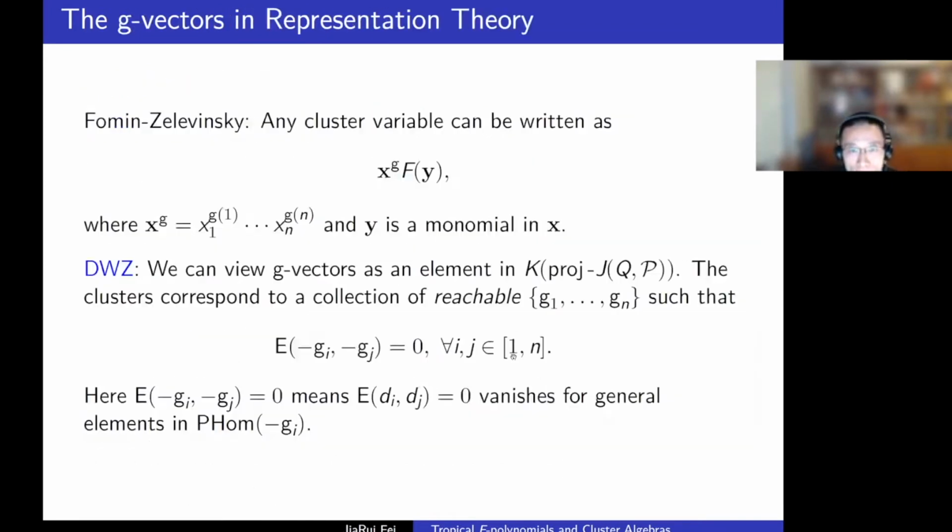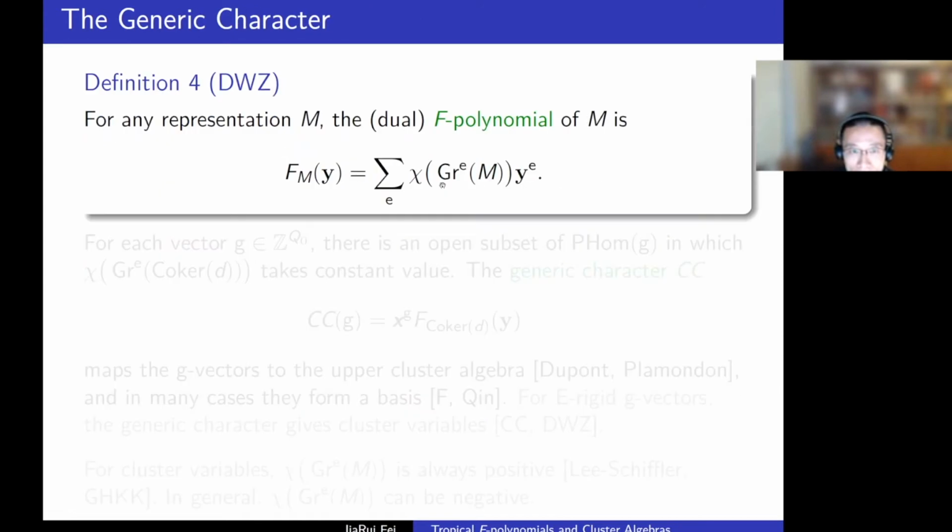So now we have somehow finished the explanation for the first part. Now we focus on the second piece, the F_y. F_y is related to the F-polynomial of a representation. So let me first define what the F-polynomial of a representation is. Here the representation is a representation of a certain quiver with relation.